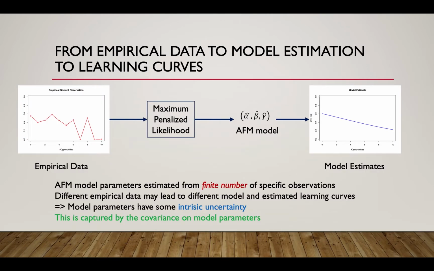The additive factors model is estimated from empirical data collected from observing interactions between students and test items, given a competency model expressed in the Q matrix. This is typically done using something like a penalized maximum likelihood method to obtain the best AFM parameters for this set of observations.